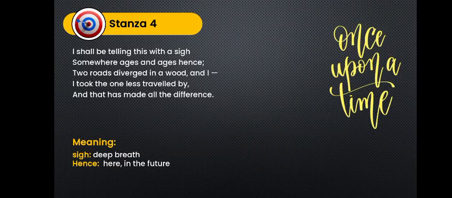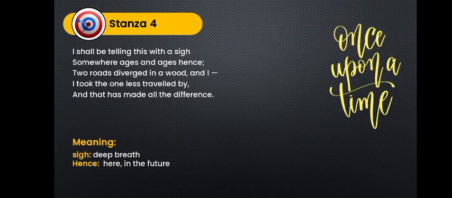This is the fourth stanza, and this is the last stanza of this poem. This stanza says, I shall be telling this with a sigh, somewhere ages and ages hence, two roads diverged in a wood, and I took the one less traveled by, and that has made all the difference.